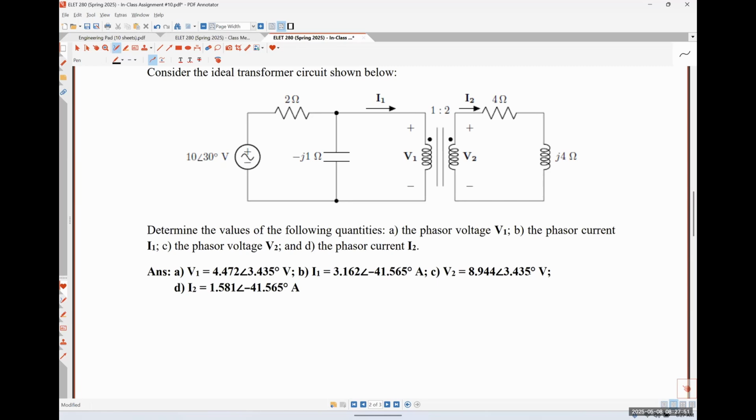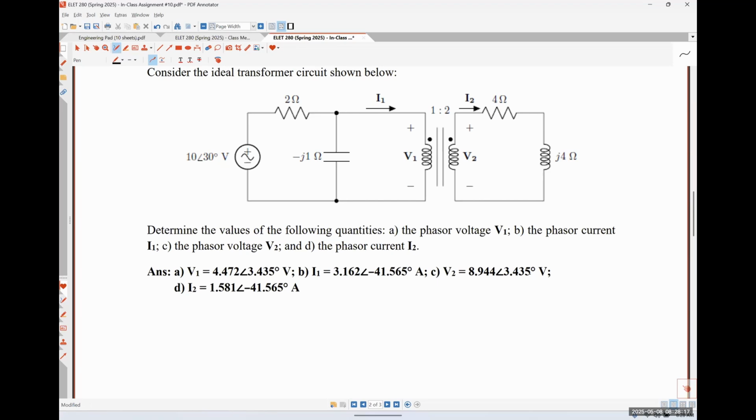So the minus J1 ohm impedance is in parallel with our coil, but it's not in parallel with the 2 ohm resistor, nor is it in series with the 2 ohm resistor. So there's not an obvious impedance combination way to do this, okay?